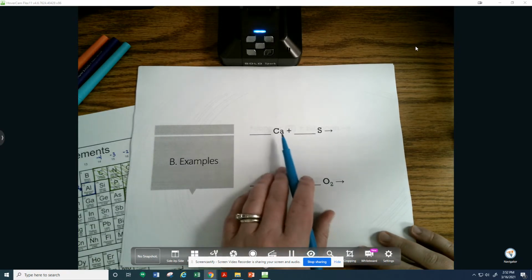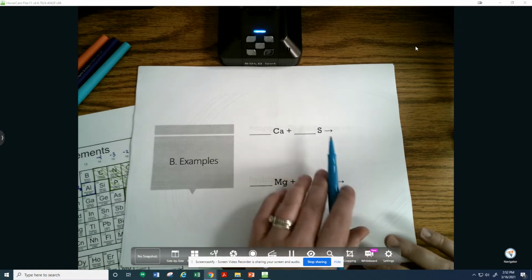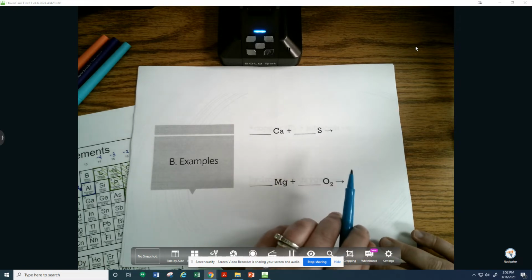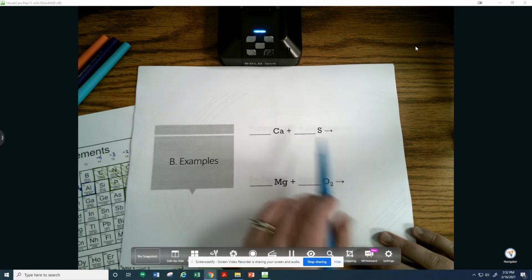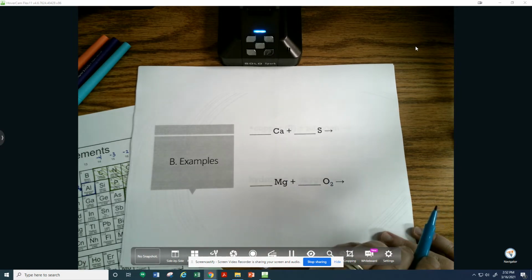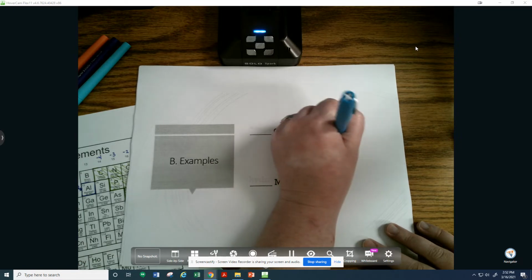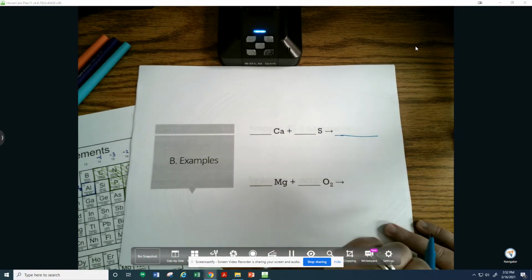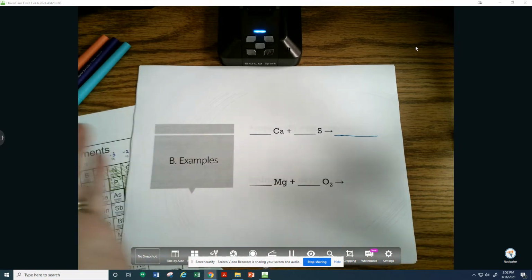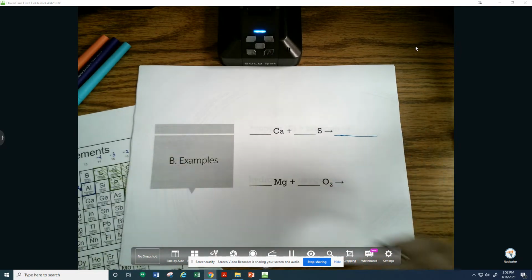What I have here is calcium and sulfur. I can tell that it's going to end in a synthesis reaction because I have 2 single elements on the reactant side. Now, figuring out the product side is what we're working on today: what is this reaction going to make? It's not as simple as just putting the 2 symbols together and you're done. You have to account for the fact that these are making an ionic bond, and they need to make something that is neutral.